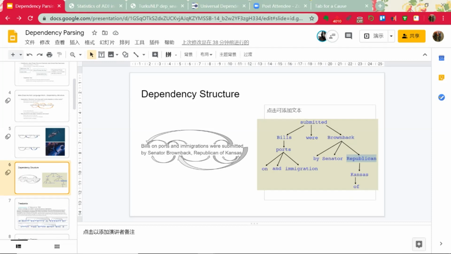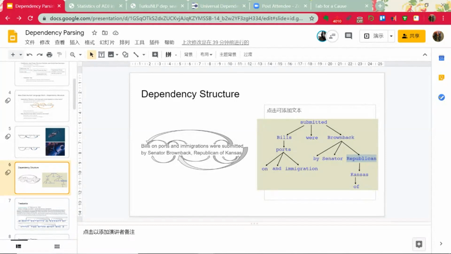Yeah, well, the way I understand this is that they probably first assign ports and immigrations as a whole as a dependent of bills. And they're further breaking down the structure inside ports and immigration. It's sort of like Republican of Kansas.